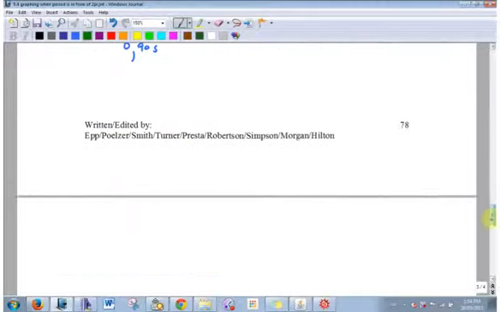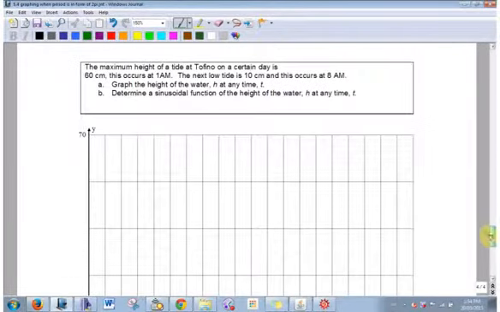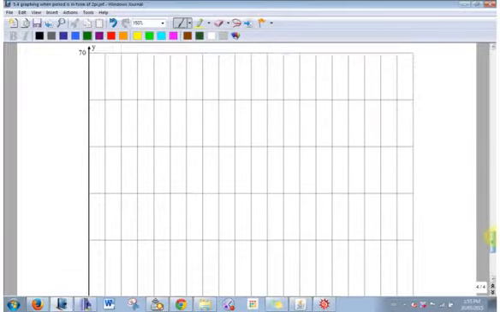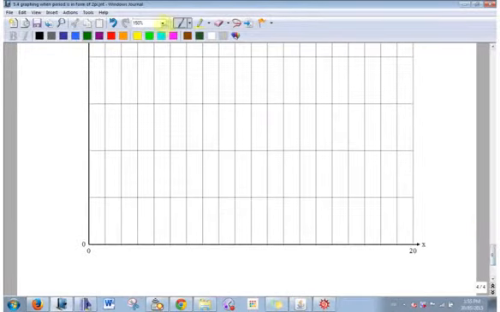Got one more. Tides at Tofino on a certain day, 60 centimeters. This occurs at 1 a.m. That's a big graph. I got to make this smaller.